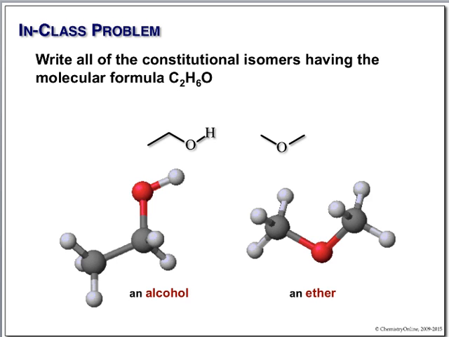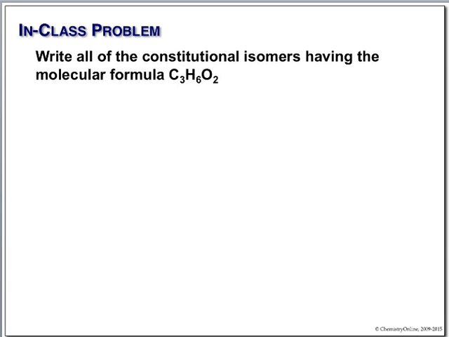Now, just to show you how quickly this can become complicated, this is the one that was on the exam. C3H6O2. Gee, only 3 carbons. We can do this, right?